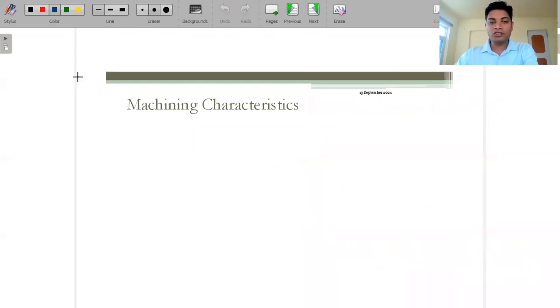Let's move to the third one, which is the standoff distance. This is the material removal rate with respect to the standoff distance, or nozzle tip distance, you can write NTD. Fine.